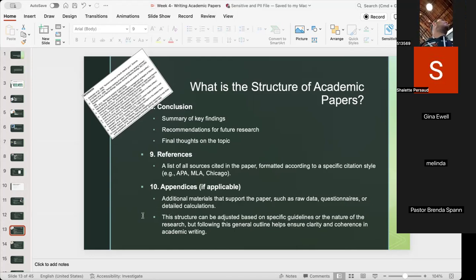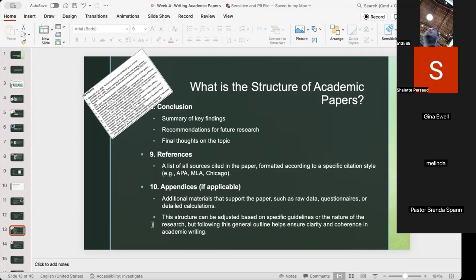And then if need be, you can include an appendices, which is additional material that supports your paper. So you might have found some research that was maybe 5 or 10 pages long, and it was difficult for you to summarize it because it was very detailed and kind of higher level thinking.